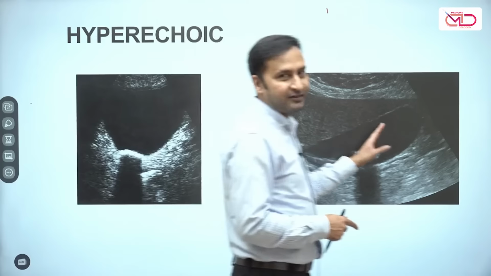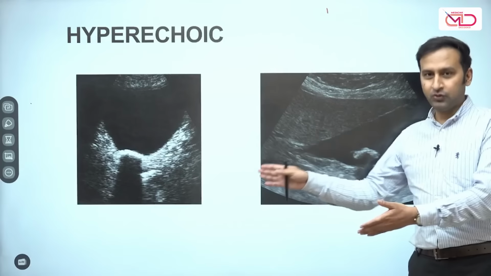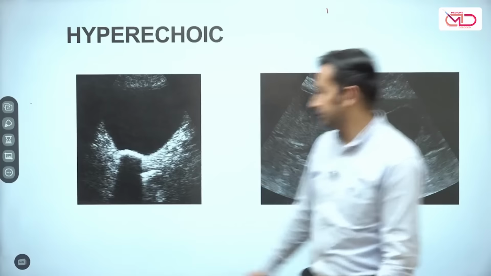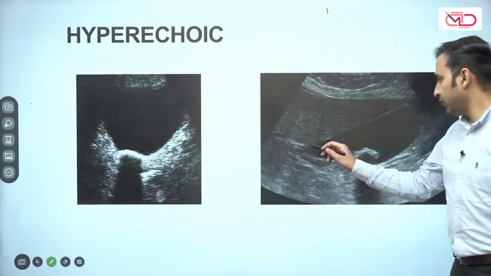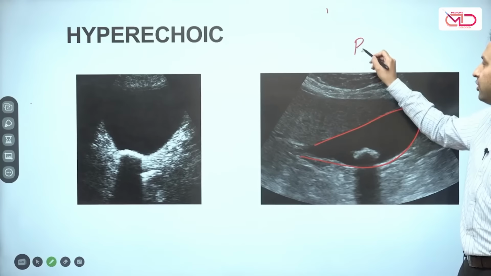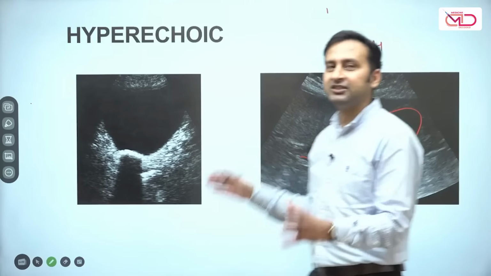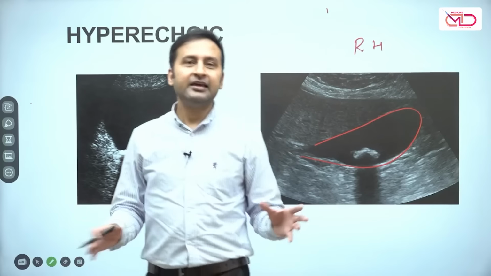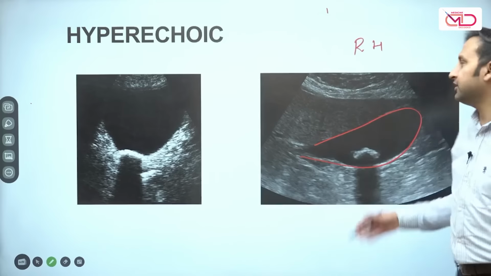So let us look at this particular image first. As I told you in the last section on anechoic structures, you can see that this is a structure which is anechoic. It is a pear-shaped structure, and if I tell you I was imaging the right hypochondrium, then obviously anybody can say that this pear-shaped anechoic structure is some form of bladder, and the bladder which is present in the right hypochondrium is the gallbladder.